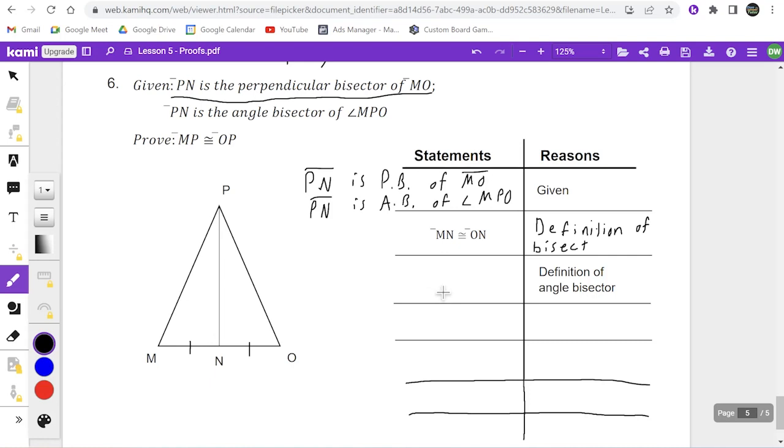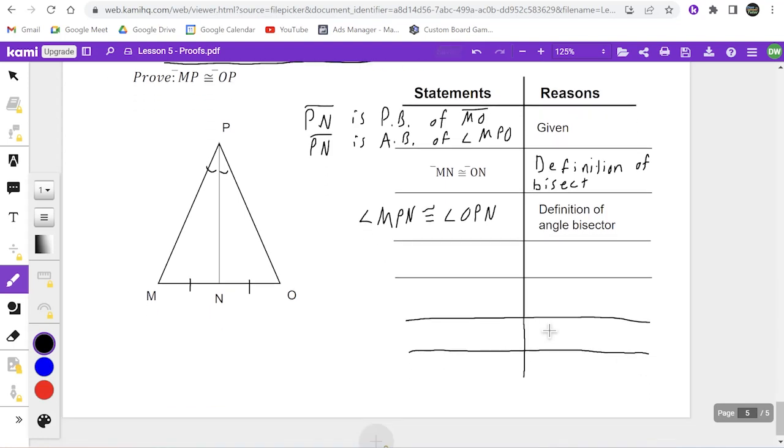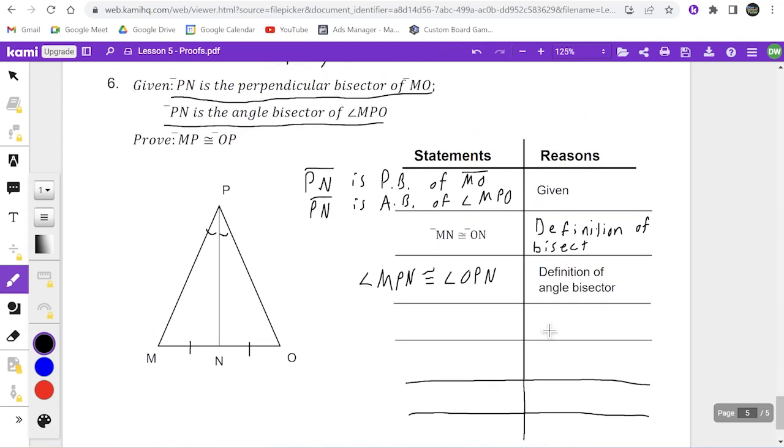Like for instance, my angles that I said were congruent, I actually chose MPN and NPO, and the reason why is because of the definition of angle bisector. Right. So in other words, MPN is congruent to angle OPN, and that's just another angle you can choose. Now, as you can see, there's 1, 2, 3, 4 blanks here, and that would just be too mean for them all to be blanks.